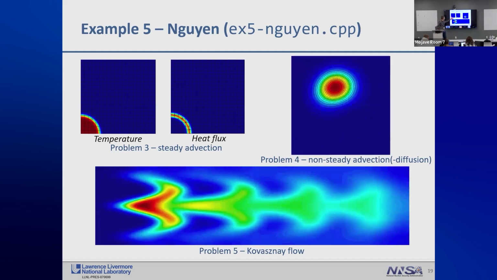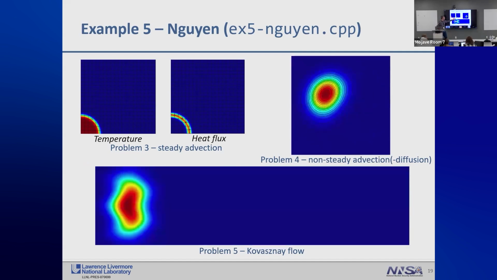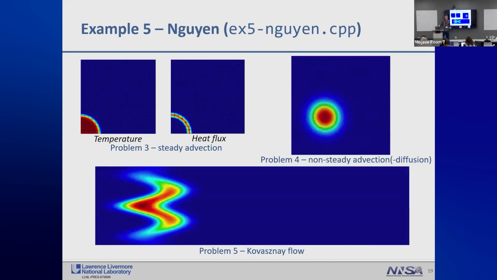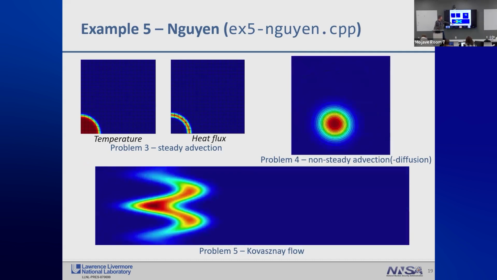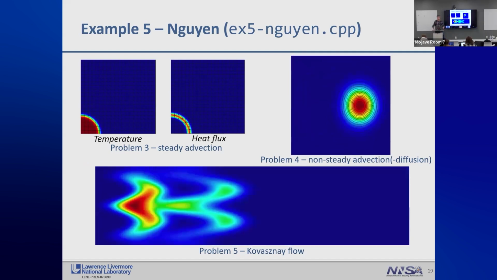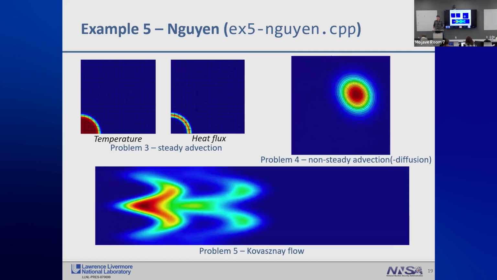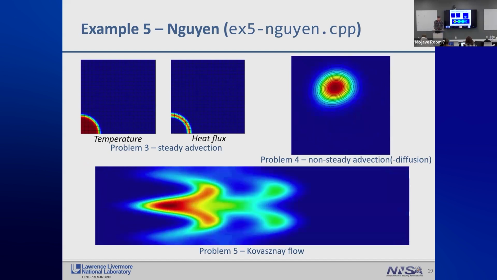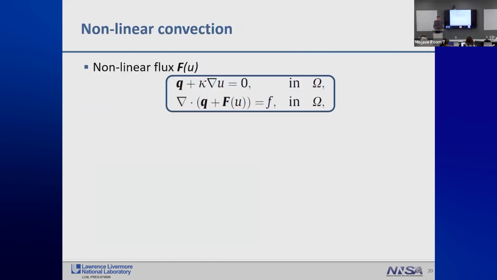So things like steady convection problem, or non-steady convection-diffusion, or this Kovásznay flow simulation of contamination transfer. I would like to also mention a new addition in the framework, which is nonlinear convection. So in this case, we generalize now convective term.